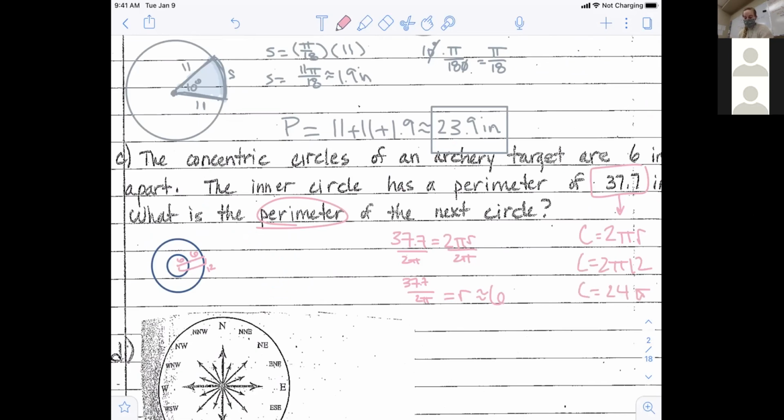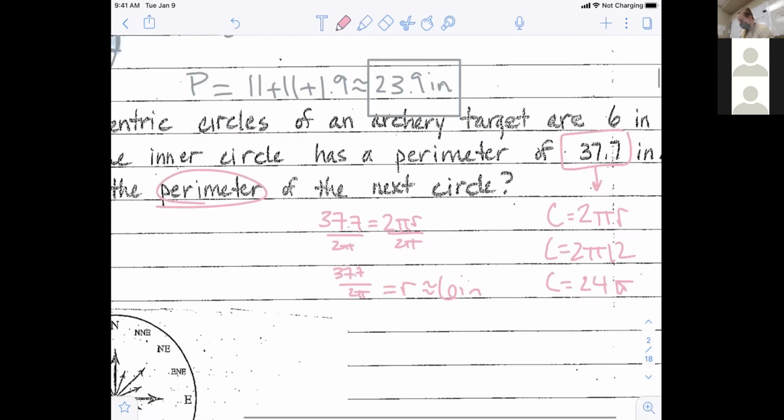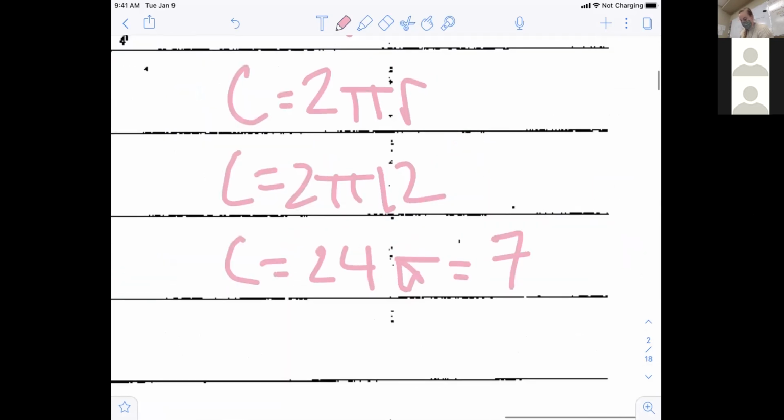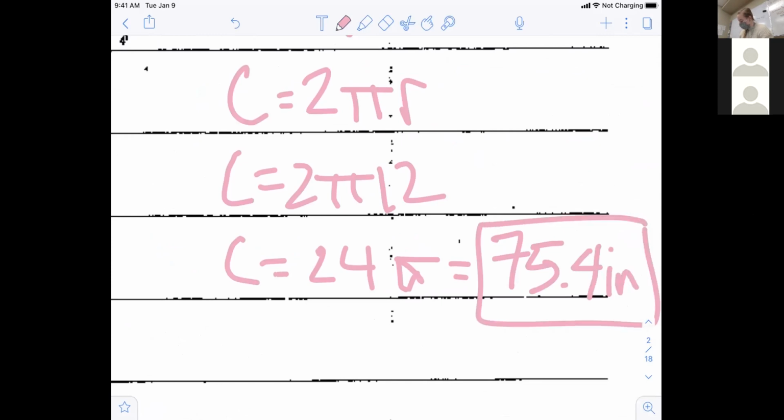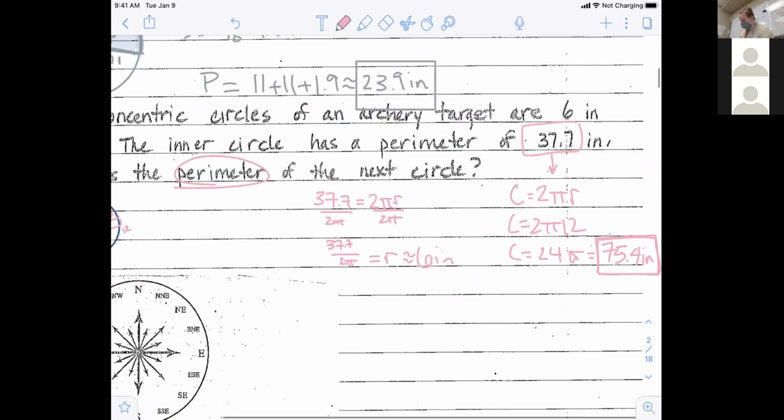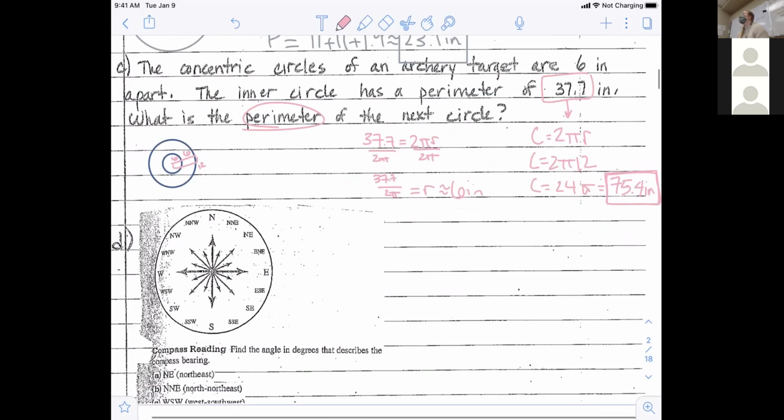To make that make sense, that's about 75.4 inches. 75.4 inches. That's my answer. It wasn't too bad. We just had to remember some basic geometry, right? Doing okay so far?